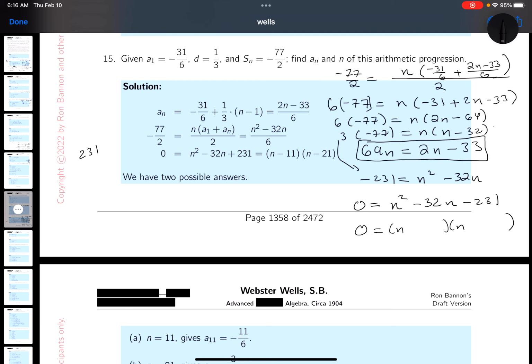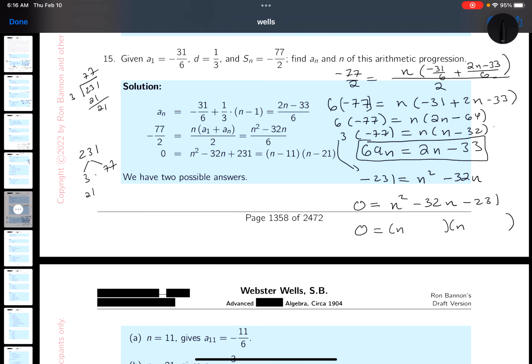I'm going to say there's definitely a 3 involved there, all right? So 3 times something. And 3 into 231, let me put that down for you. Well, it goes 77. 7 times 3 is 21. You get 21, 77. That's pretty interesting. And then I probably borrow 7 from the 77.